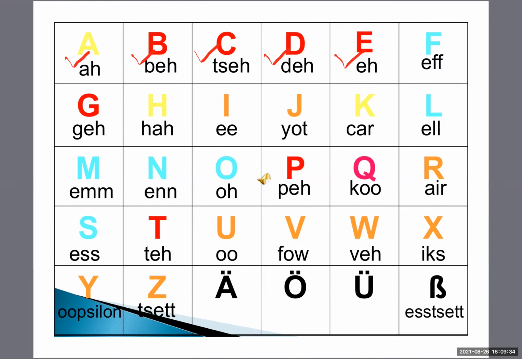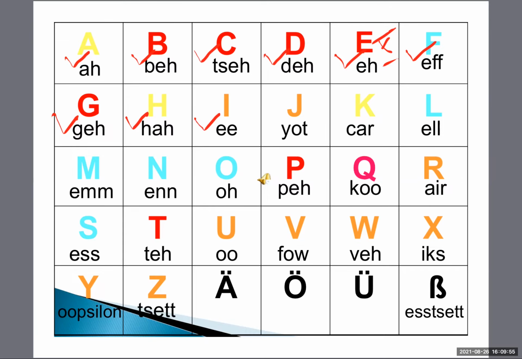E means A, like the Hindi A. F means F. G, gay. H, ha. I.